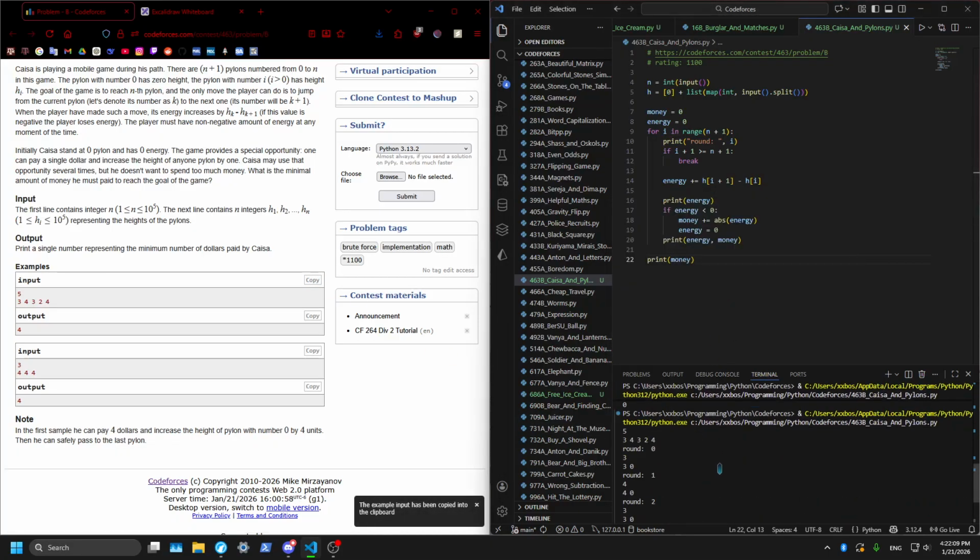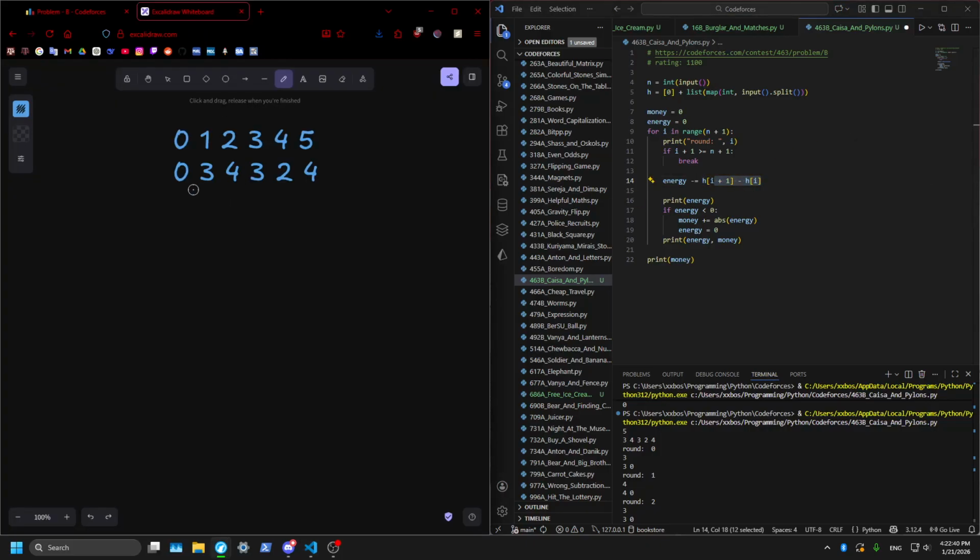Paste. Round 0. It takes 3 energy. Energy plus equals, so it should be minus equals because we're taking the larger number minus smaller number, or we're taking the right minus left. So this is obviously going to be positive, but this is obviously going to be negative, so we have to add the opposite.